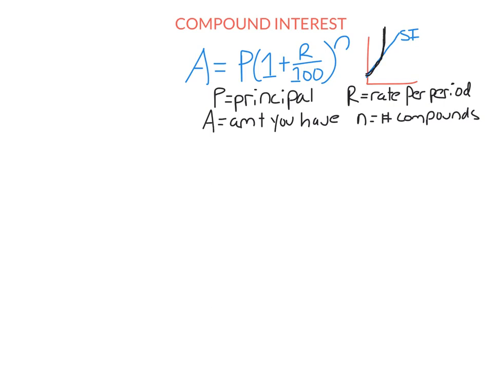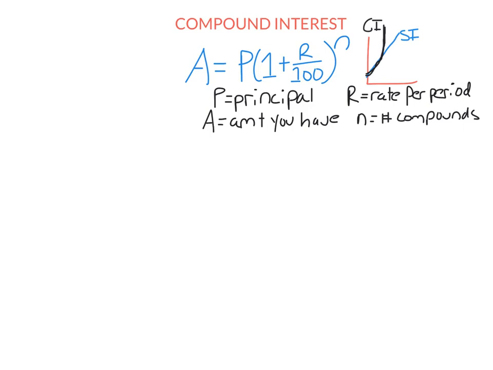It increases at an increasing rate. For simple interest, the amount that you have might go up by, say, $300 a year. But with compound interest, it'll go up by $300 in the first year, then it might go up by $330 in the second year, then by $363 in the third year, and so on. Compound interest, which I'll call CI, gets larger a lot faster.